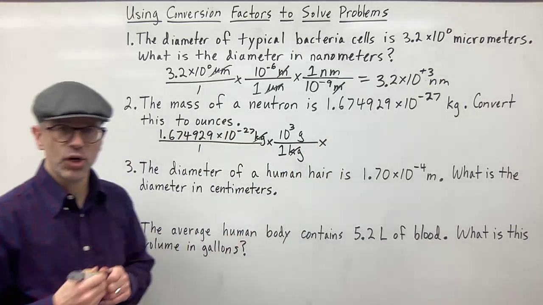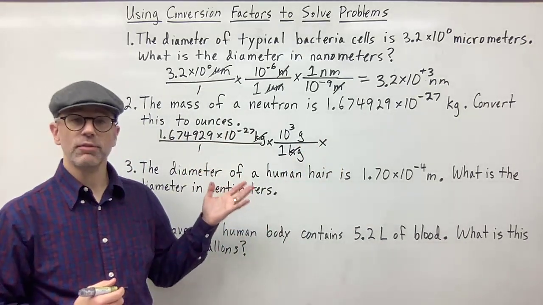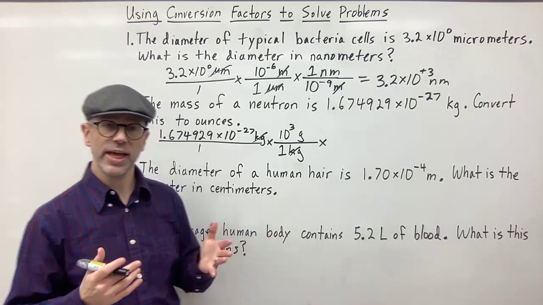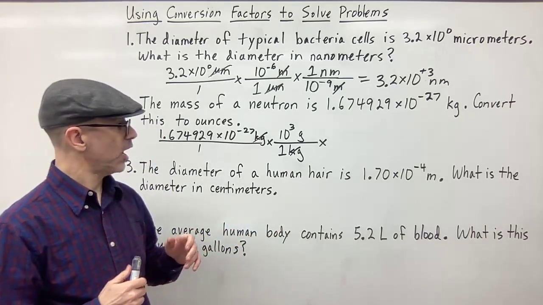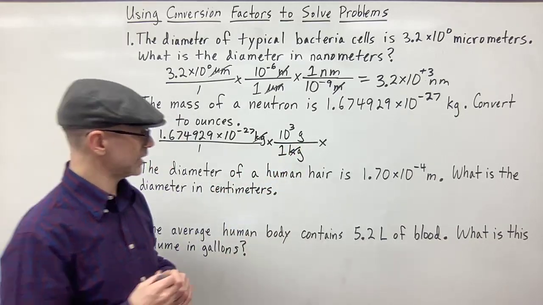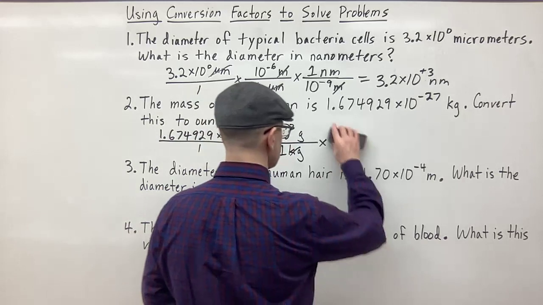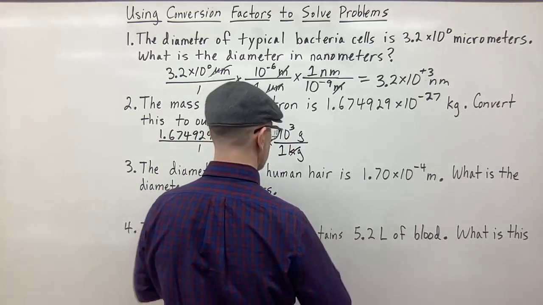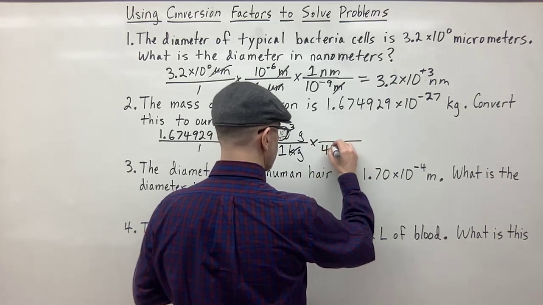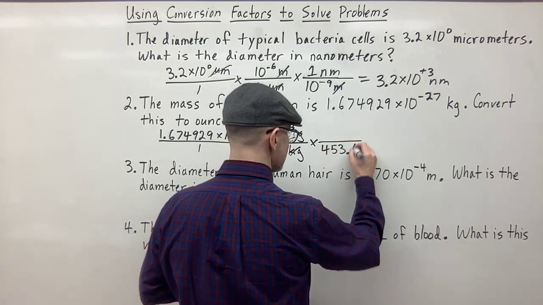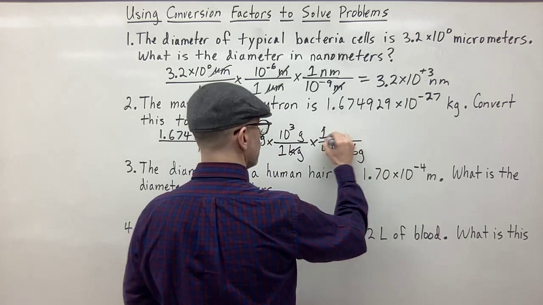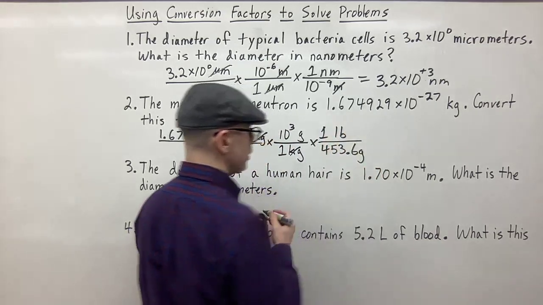Next, we can convert grams to pounds if we know the relationship there. In that case, 453.6 grams is equal to 1 pound. So we can put 453.6 grams on the bottom and 1 pound on top.